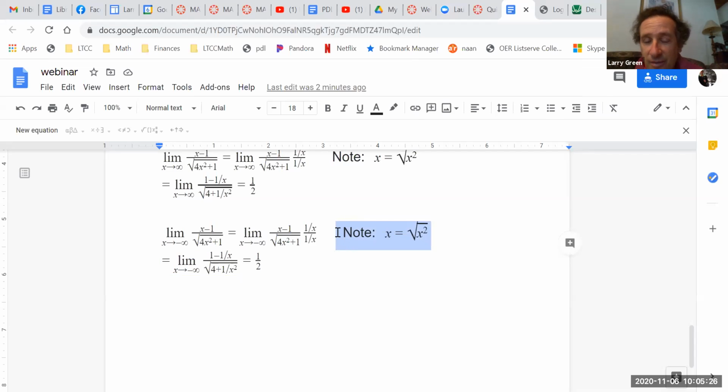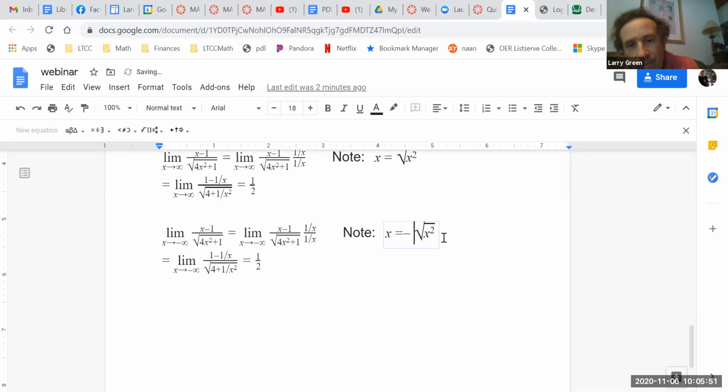What's wrong with this? Is it true that x equals the square root of x squared? Actually, it's not. Because we're taking a limit as x goes to negative infinity, x is a high negative number.